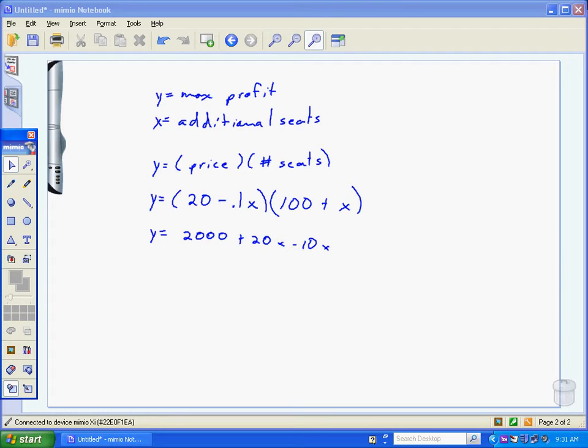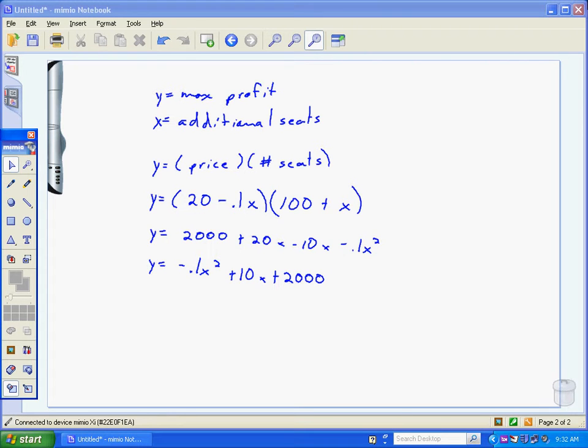And then negative 0.1x times x is negative 0.1x squared. When I FOIL all that out, I'm going to rearrange it and simplify it so that we get it in the way we're used to looking at it. Negative 0.1x squared plus 10x plus 2,000.